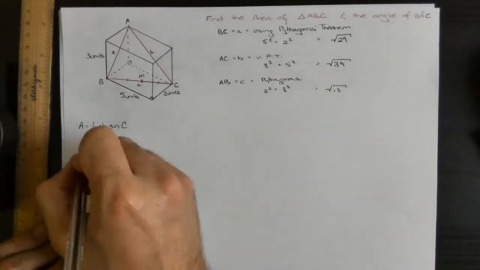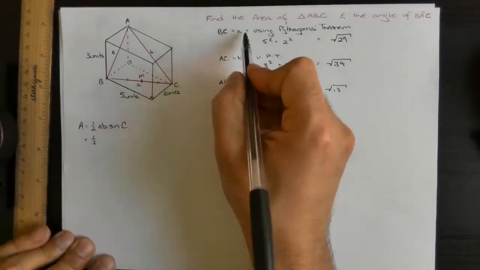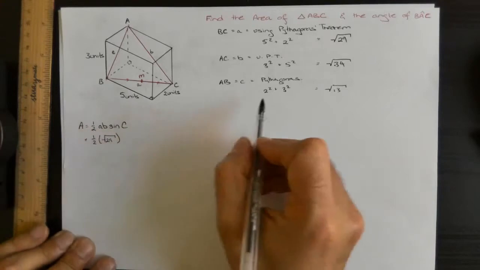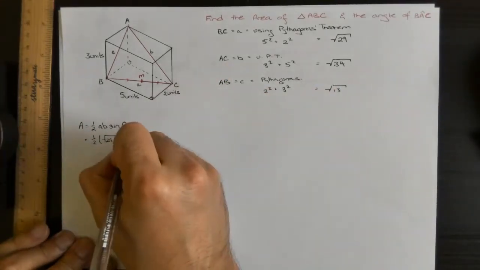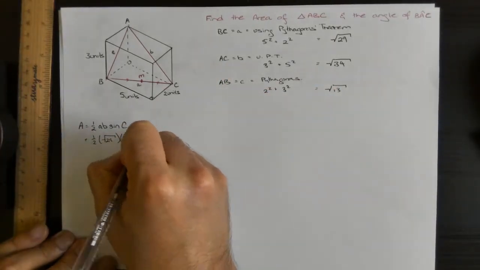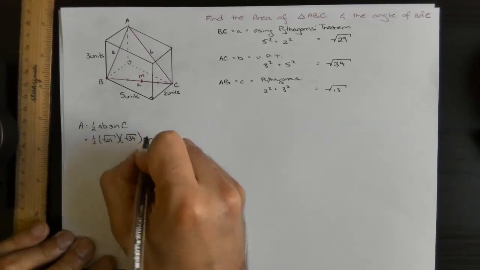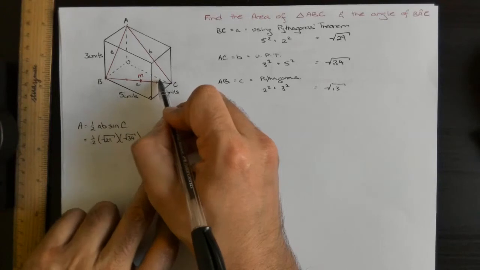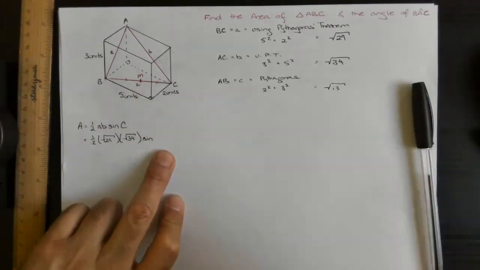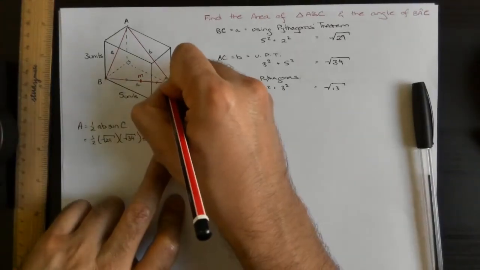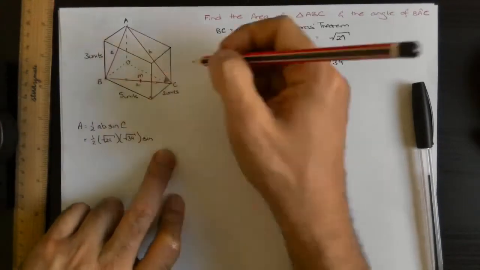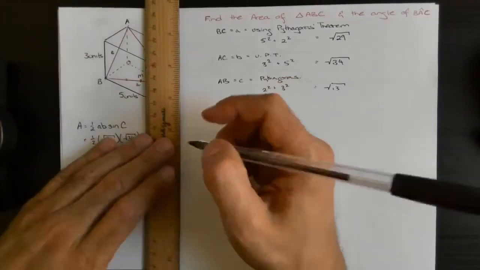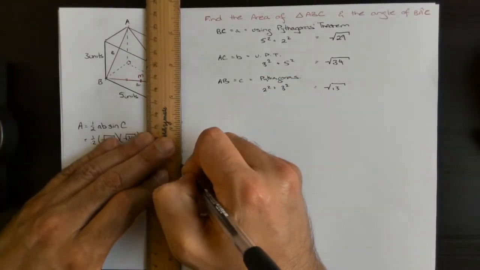So a half, our a is square root 29, our b was square root 34, and now we want sine C. We don't know what that angle is just yet, but we could use the cosine rule. So I'll just put a line here, we'll get back to this part.